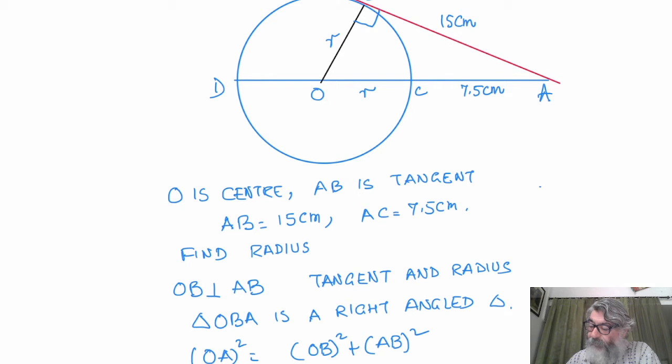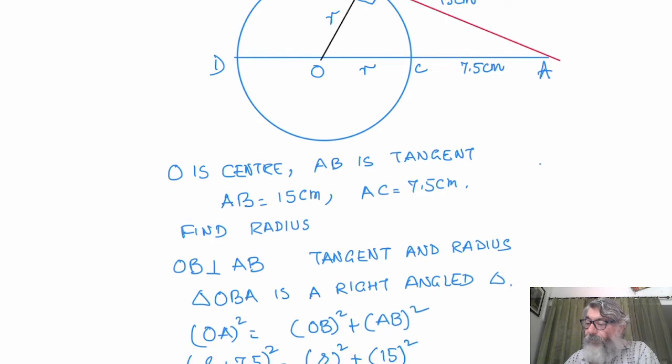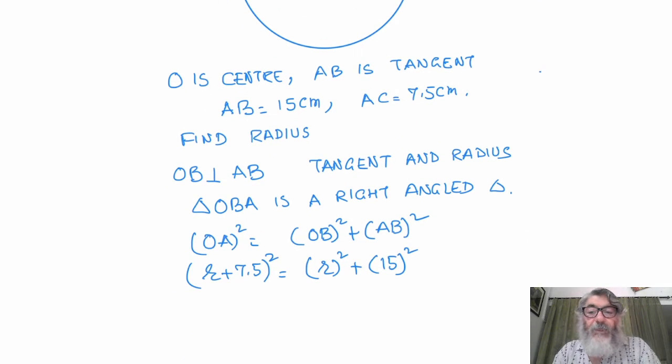15 square. Now let us use the formula (A plus B) whole square.